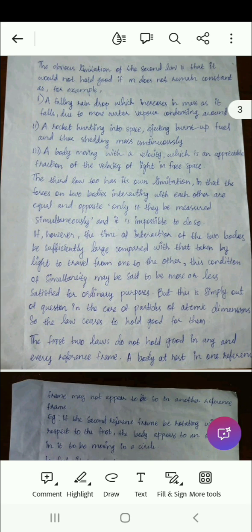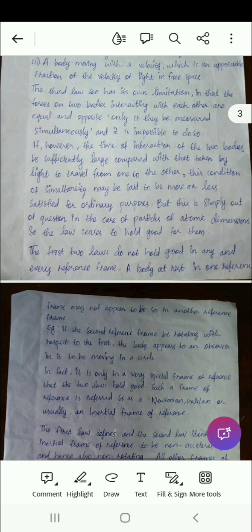So the third law also has limitations, and the first two laws do not hold good in any and every reference frame. A body at rest in one reference frame may not appear to be so in another reference frame.